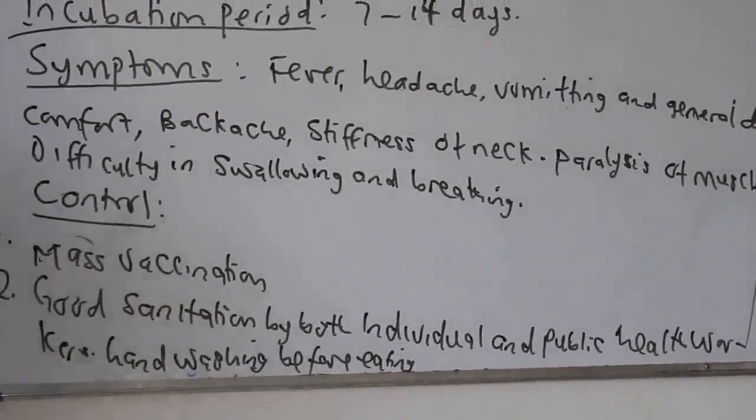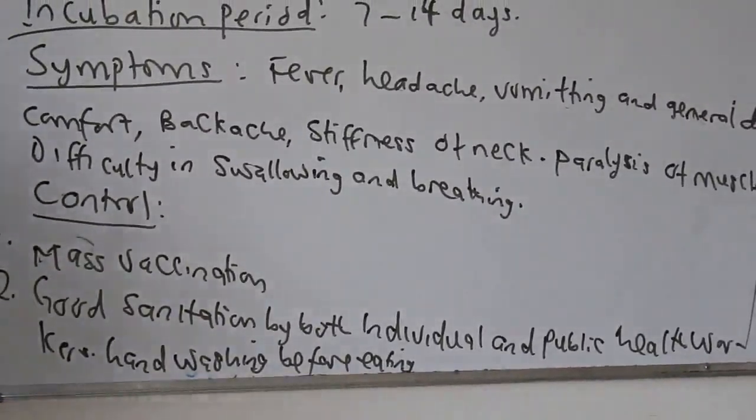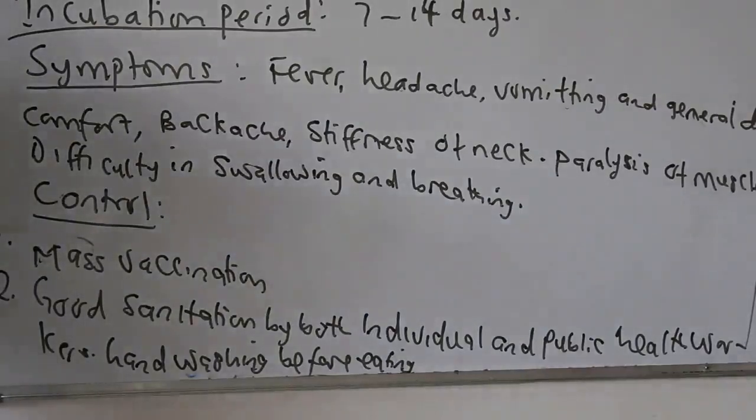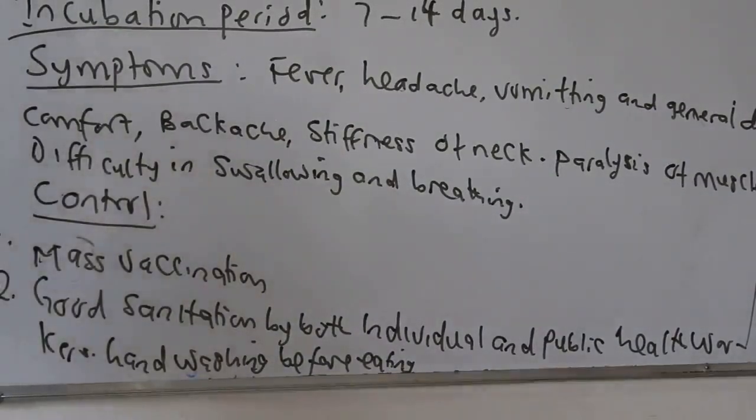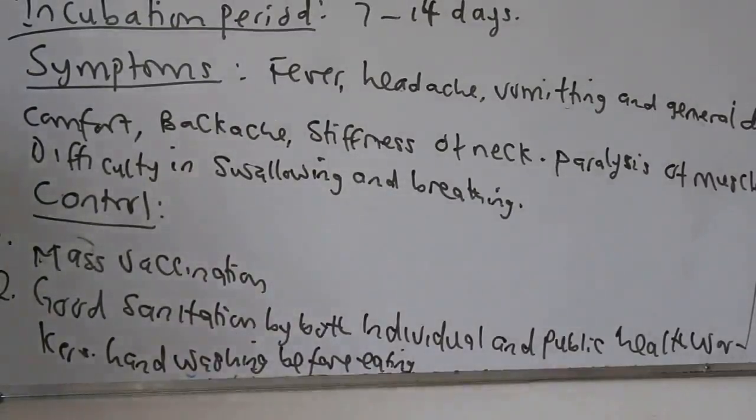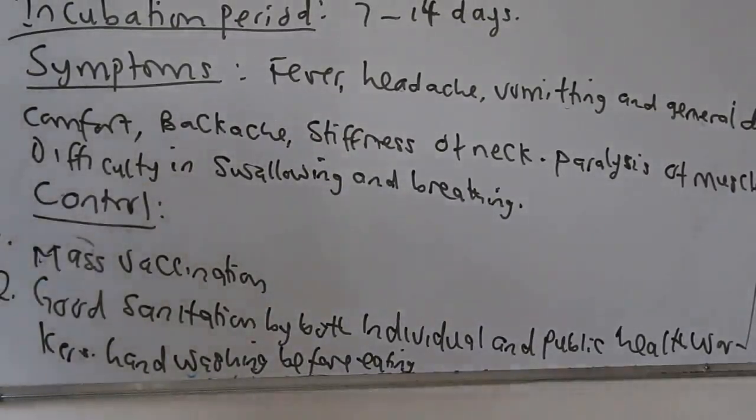When we're talking about sanitation, it includes washing our hands before eating, washing our hands after attending the toilet, and washing our hands when we come in. These are the simple sanitation practices we can do. Also, proper handling of our food, because infected food is one of the modes of transmission of the virus. We can properly handle our food and our drinking water to be able to control the virus.